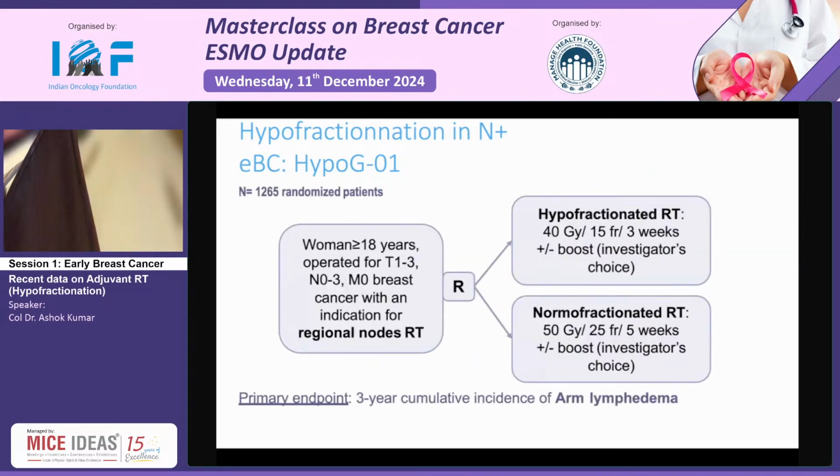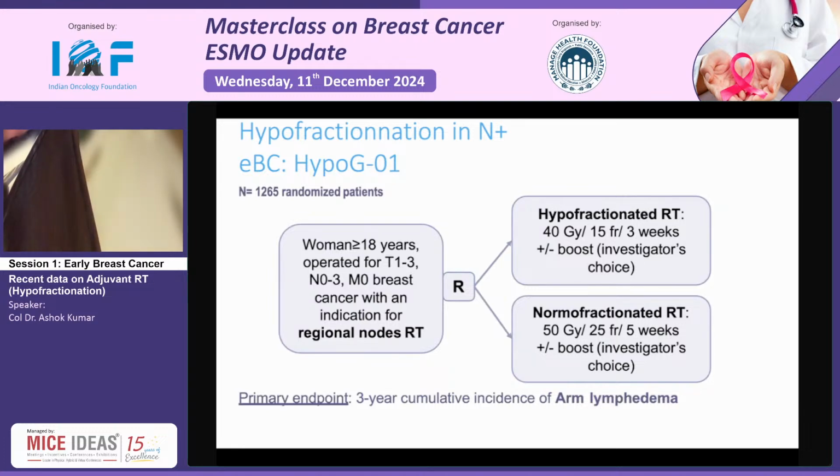With this in mind, there was this trial, hypofractionation in node-positive early breast cancer, the Hypo G01 trial, in which 1,265 patients were randomized to the hypofractionated arm versus the normofractionated arm. These were women more than 18 years of age, T1 to T3, node 0 to 3, M0 breast cancer with an indication for regional nodal radiation.